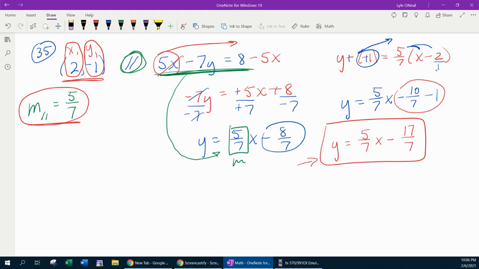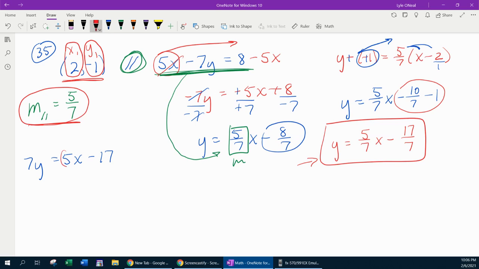So that gives us 7 times y, which is 7y. 7 times 5/7 is 5x. And 7 times 17/7 is -17. Multiplying through by 7 gets rid of the fractions.